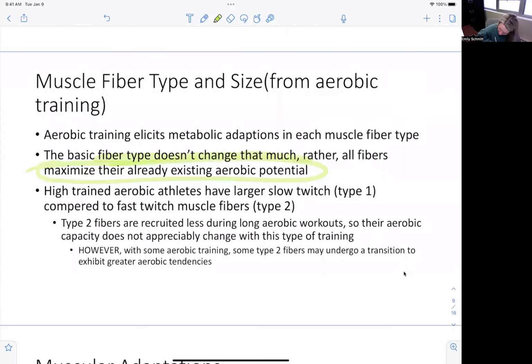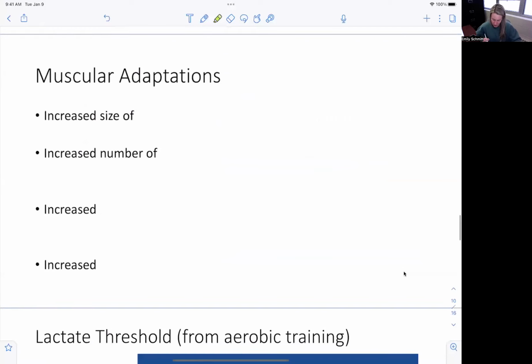And so these type 2 fibers are going to be recruited during the long aerobic workouts. So their anaerobic capacity does not change with this type of training. So I do say down here, however, with some aerobic training, some type 2 fibers may undergo a transition to exhibit greater aerobic tendencies. And this is something that we're still studying in the field about if muscle fibers can change kind of their enzymatic capabilities and really what that looks like molecularly.